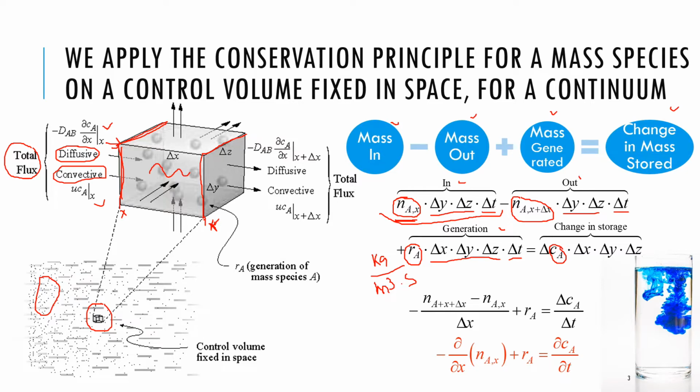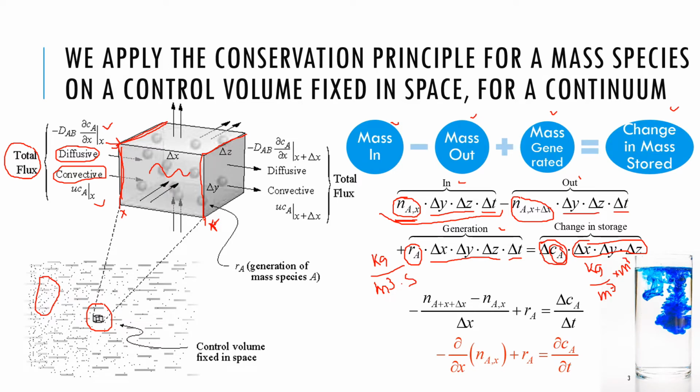Concentration would normally be measured in kilograms per meter cubed, so the change in the storage of dye in this control volume is the change in that concentration, delta Ca, multiplied by the volume. Kilograms per meter cubed multiplied by meter cubed gives me again kilograms.